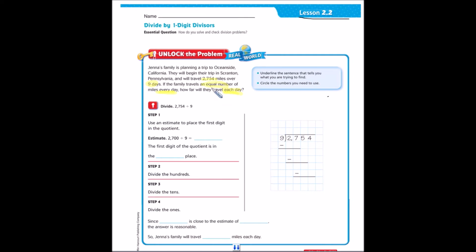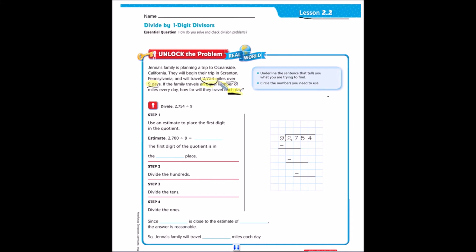This question is telling me we're doing something over 9 days total, which is our trip, and how far will they travel each day? So this is the sentence that's telling me that I need to use division. Circle the numbers you need to use.